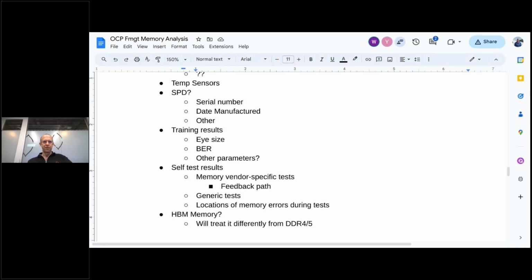Drew, when it comes to HBM memory, do you also want to treat the interconnect? Do you want to deal with problems of the interconnect itself? Probably. The memory vendors and SoC vendors are the best people to develop tools to figure out what's going on there, so it seems relevant.